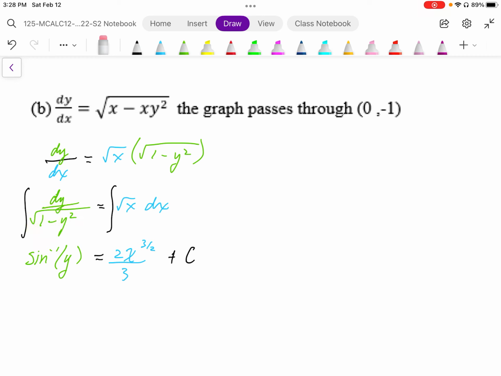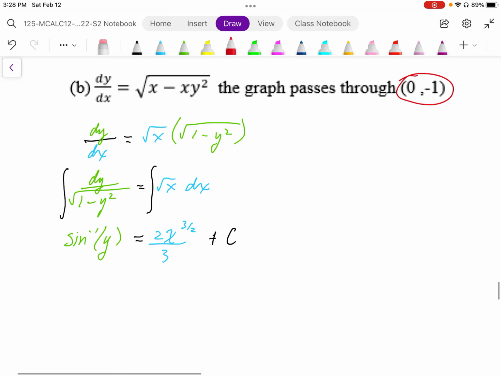Okay, so at this point we should plug in our values and then solve for the plus c. So I end up with the arc sine, and over here just my power, 2 over 3 to the power 3 over 2, and then we're going to solve for our plus c by substituting in x is 0 and y is negative 1.